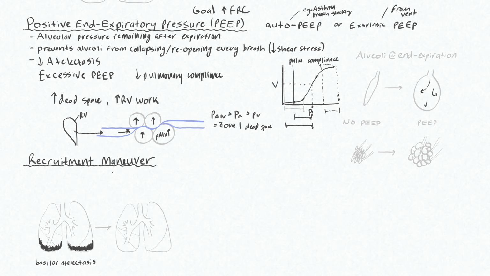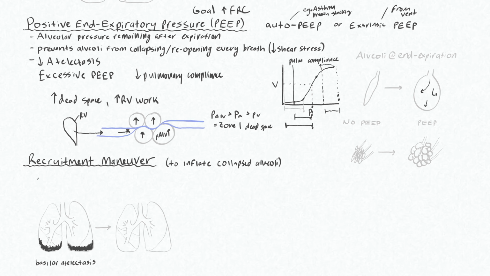Finally, I want to mention recruitment maneuvers, which you can use to basically reinflate collapsed alveoli, or if you're suspicious that you have atelectasis, then you can use this to try to re-recruit the alveoli which are de-recruited.